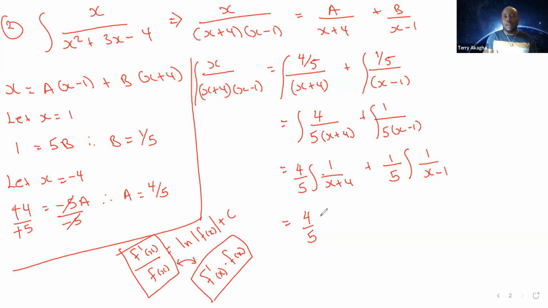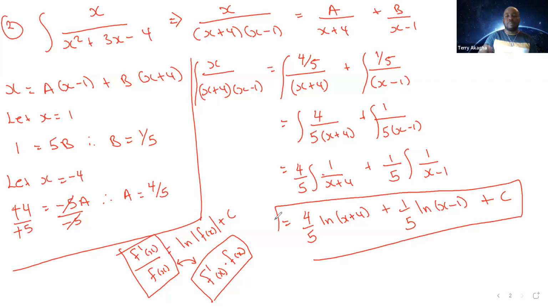Then this is going to give you 4 over 5 ln of (x plus 4), plus 1 over 5 ln of (x minus 1), plus c. And that will be the answer for that.